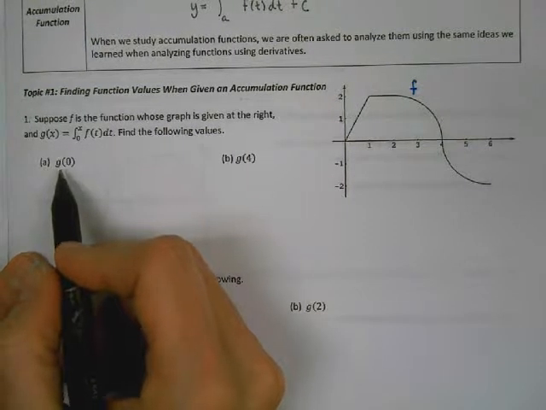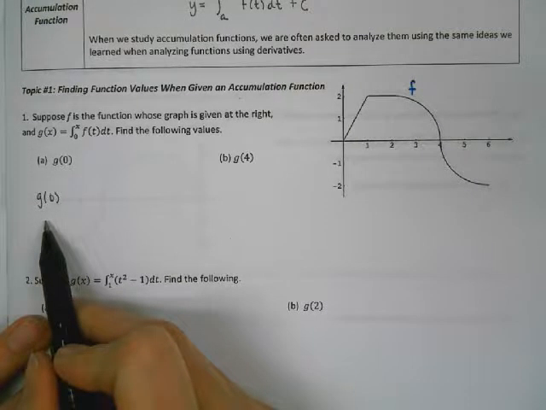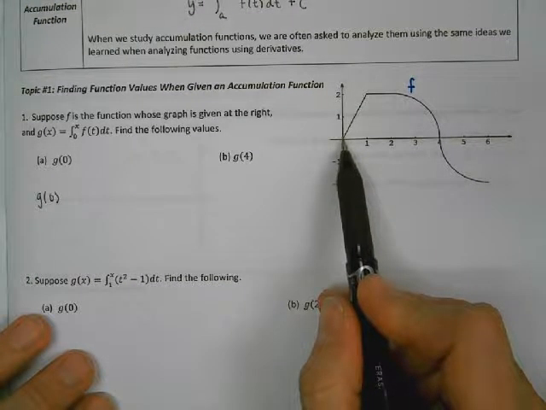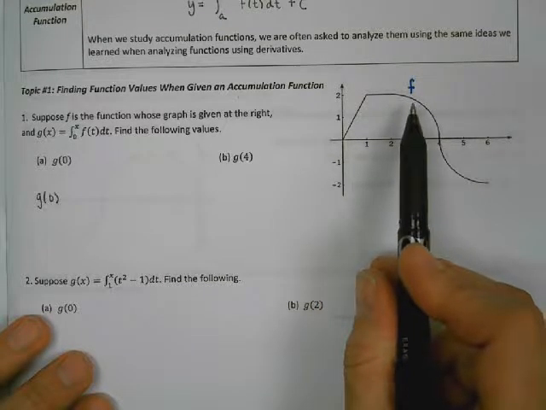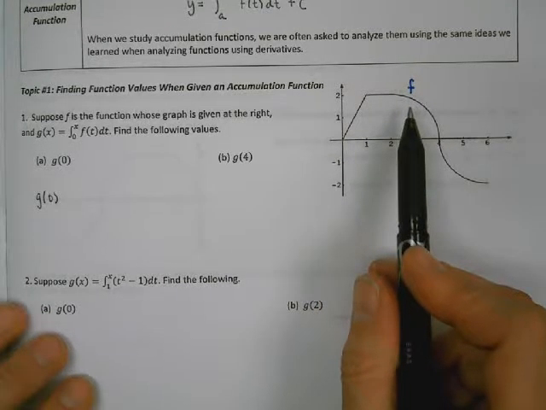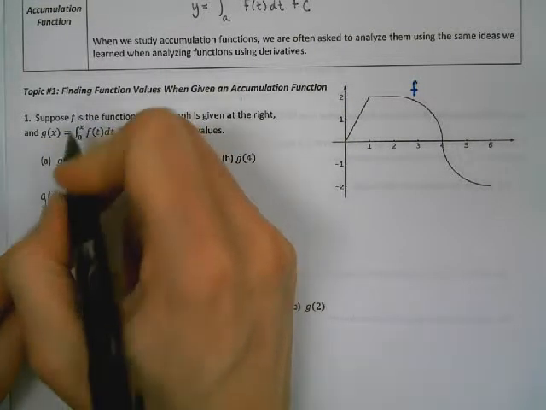So if I want to find g of 0, the biggest mistake people make is they go to the graph here and say, well, g of 0 is 0 because this point is here. But remember, this is the graph of f. So we have to be careful. g of 0 is really, we're going to use our integral here.